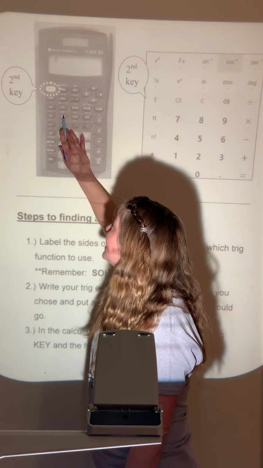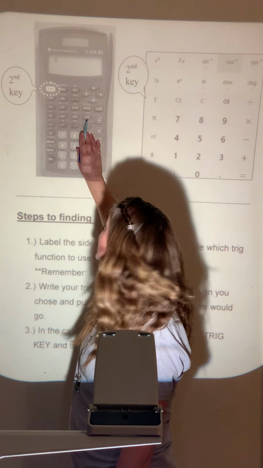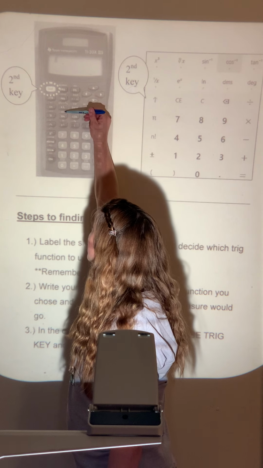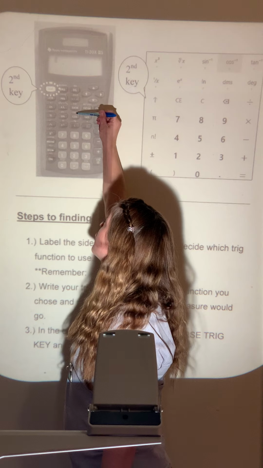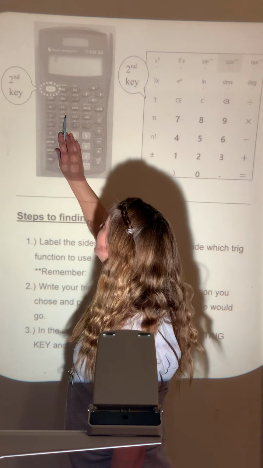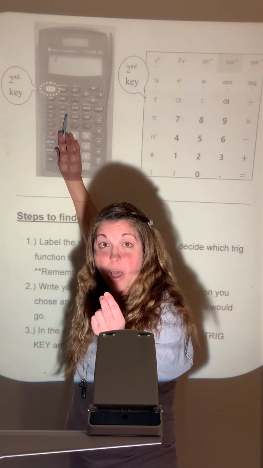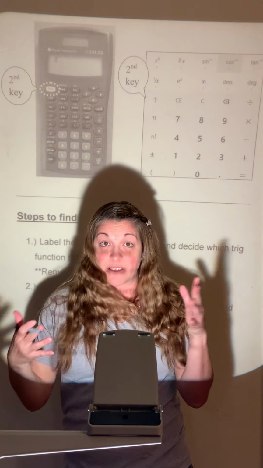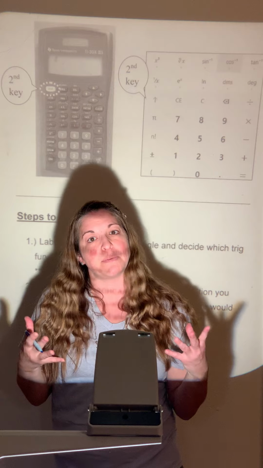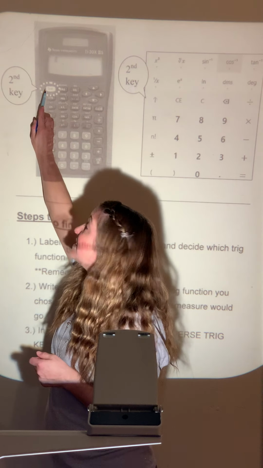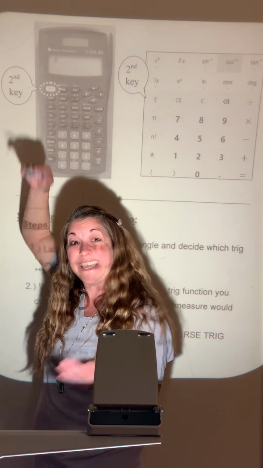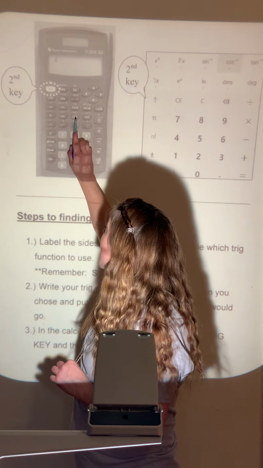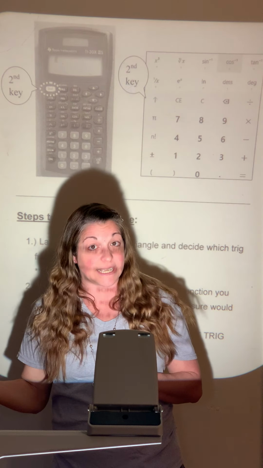And then you'll go ahead and hit sine, cosine, or tangent, which will bring up these labels that are over top of the buttons, which you'll see have the little -1. Now, it might not be a Texas Instruments, a TI, you might have a Casio, you might have some other type of calculator, but again, if it has a second key, chances are the inverse is right over top of your traditional sine, cosine, tangent.